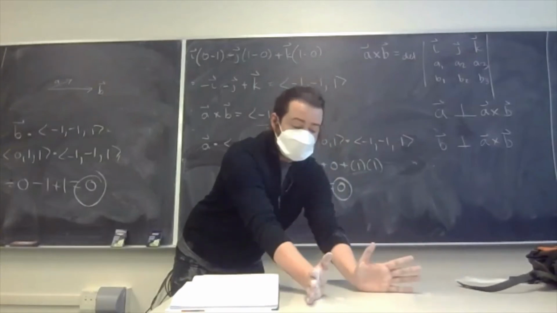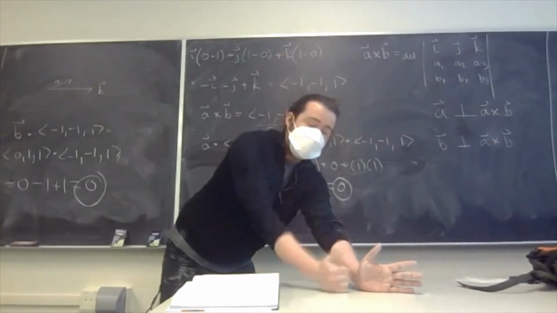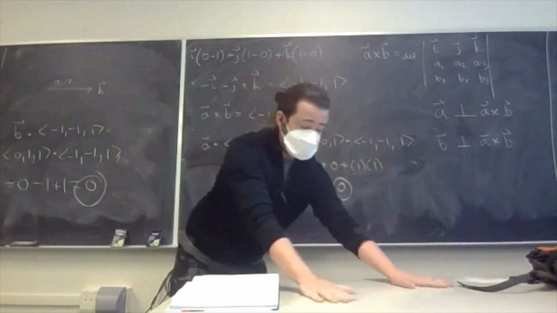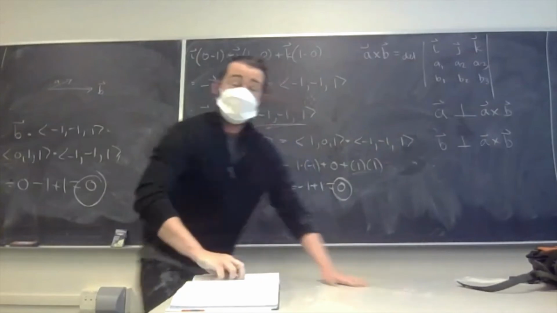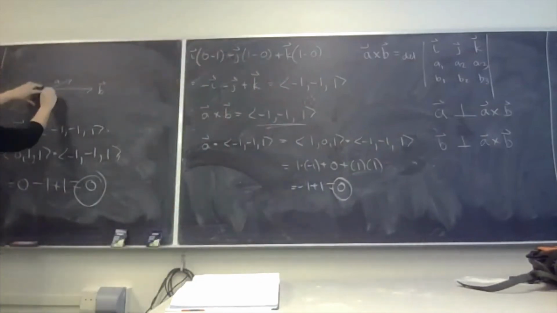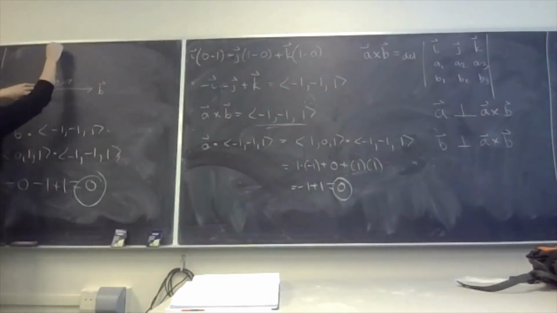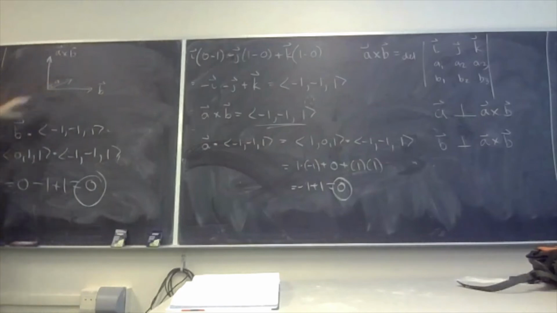And what the cross product does is it gets you a vector perpendicular to the whole plane, not just A and B, but the entire plane has the cross product sticking out of it as an orthogonal vector. So A and B don't have to be perpendicular to each other, but the thing you get out at the end is perpendicular to both of them.